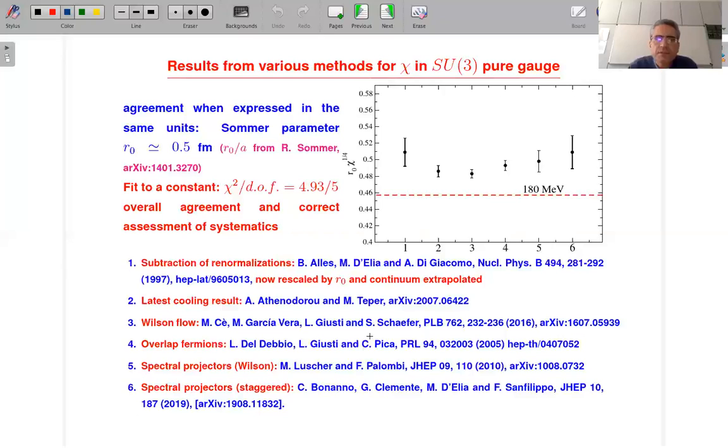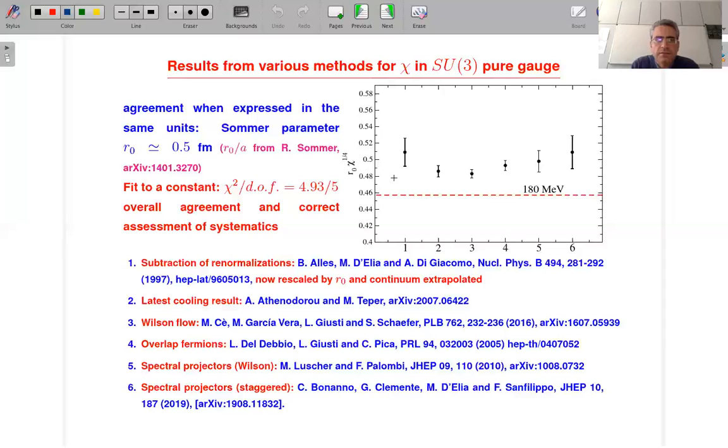Now, it is important to stress that this comparison works well if you compare results which are continuum extrapolated and also expressed adopting the same lattice scale. You should be careful. And indeed, I had to work a bit because the first determination, this one which is associated with the subtraction of renormalizations, was a determination which was present in my PhD thesis.